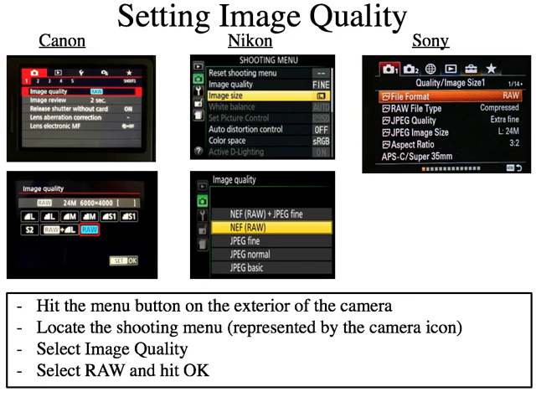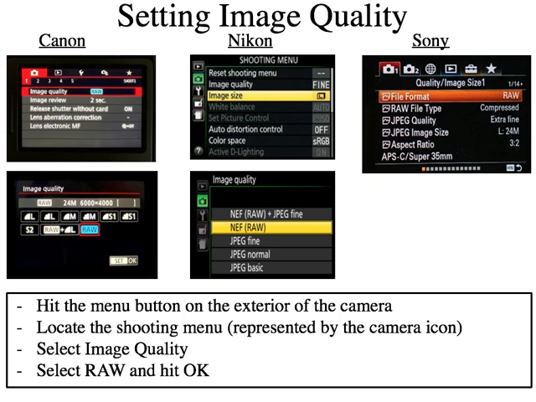To set your image quality, hit the menu button on your camera. Once you enter the internal menu, locate the shooting menu, which is usually represented by a camera icon. Use your touch screen or buttons at the back right of your camera to toggle to image quality.